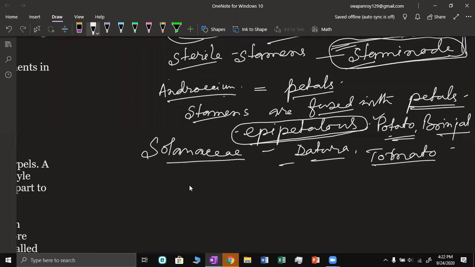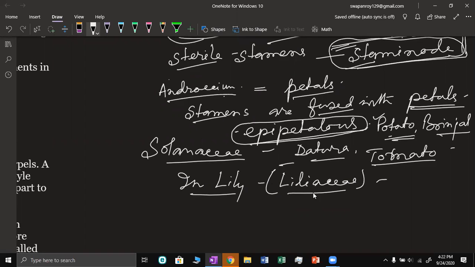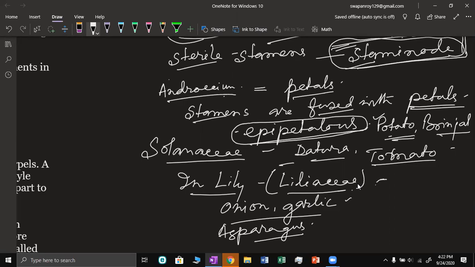In the lily flower, which belongs to family Liliaceae, under which come all types of lily, onion, garlic, and asparagus, the calyx and corolla cannot be distinguished.